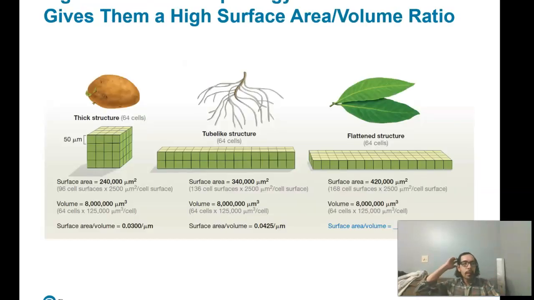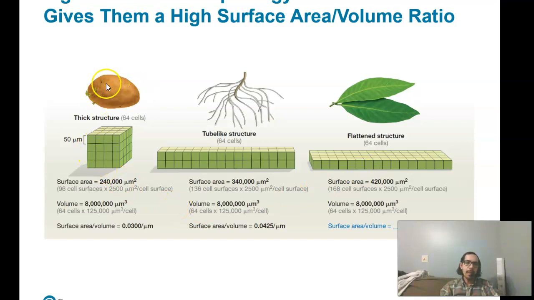Okay. So here, if we look at these three examples, all three of these have the same volume. The volume is given here, but they have different surface areas. Because the surface area to volume ratio is just the surface area divided by the volume, the one with the largest surface area will have the higher surface area to volume ratio.